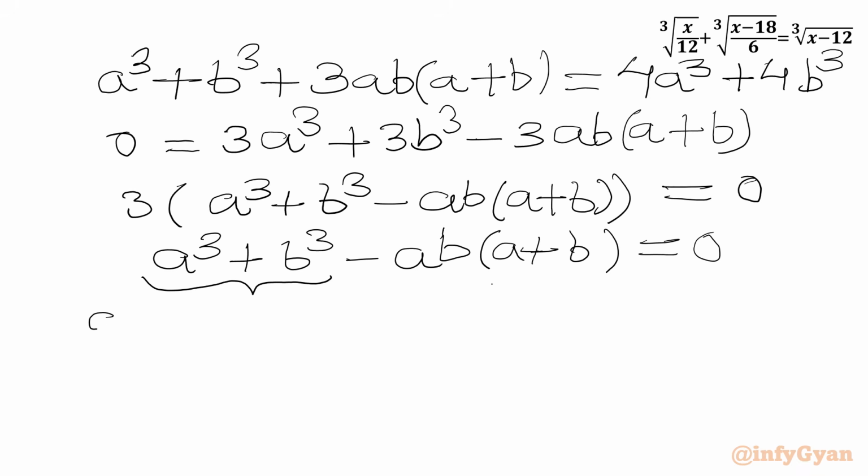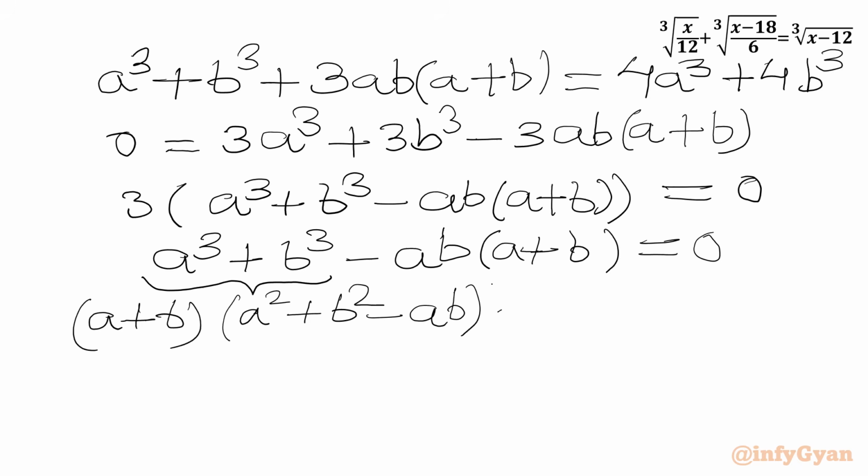Again we can use the sum of two cubes identity. So I will write here a plus b in one bracket. In the other bracket, a square plus b square minus ab. Then we have minus ab times a plus b. And in RHS we have 0.